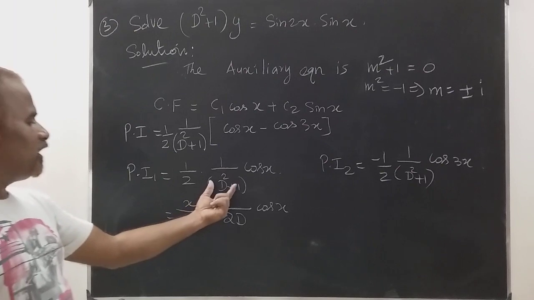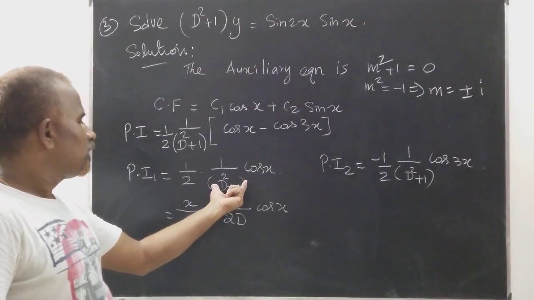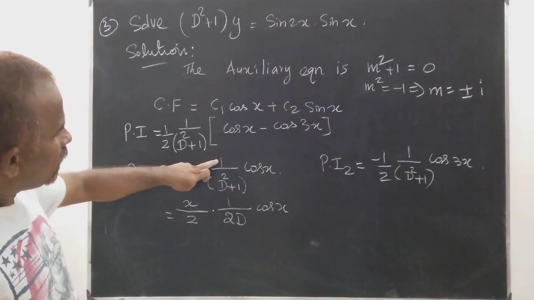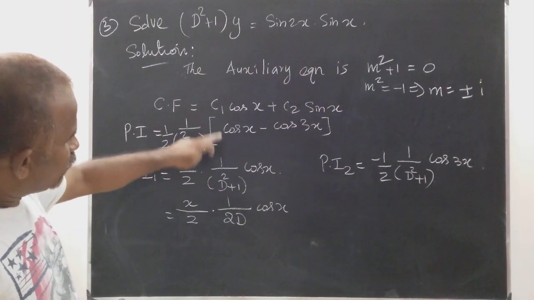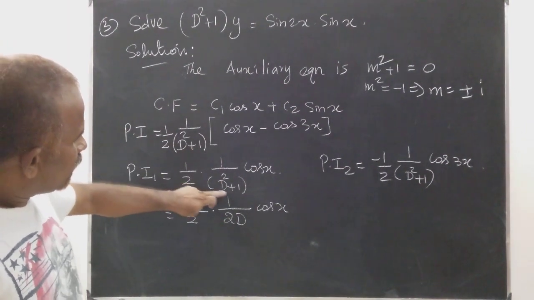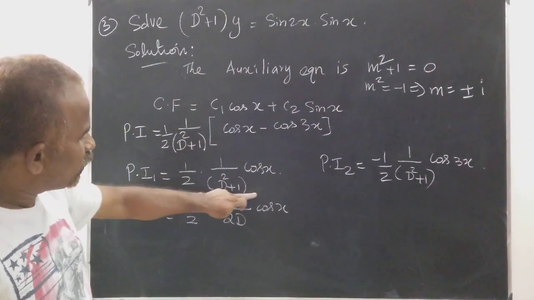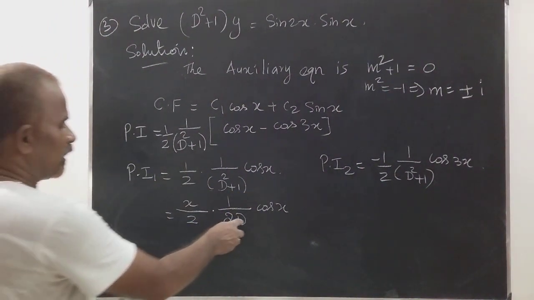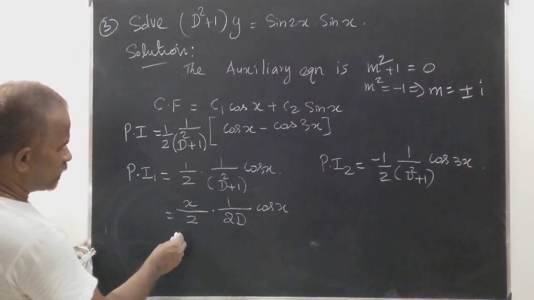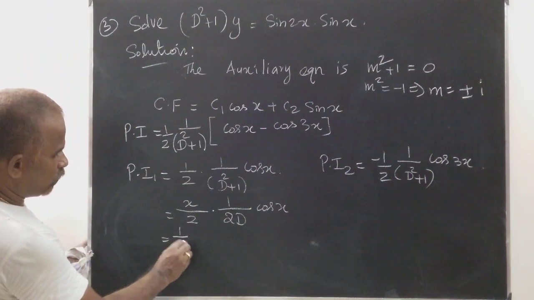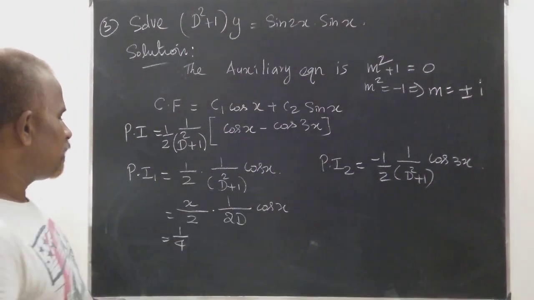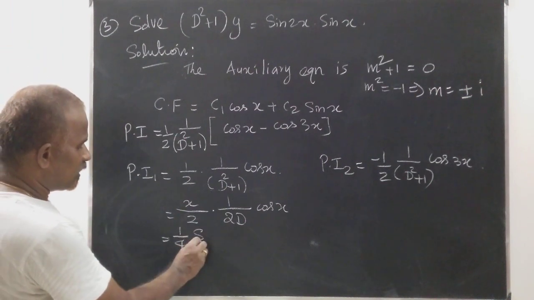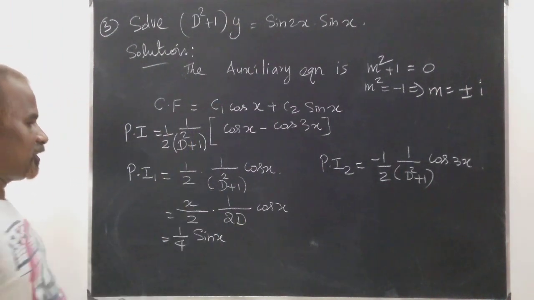Because if the denominator becomes 0, you have to multiply by x in the numerator and differentiate the denominator with respect to D. So again, this is equal to 1 by 4 into 1 by D, which is the integration of cos x. Simply I can take sin x.